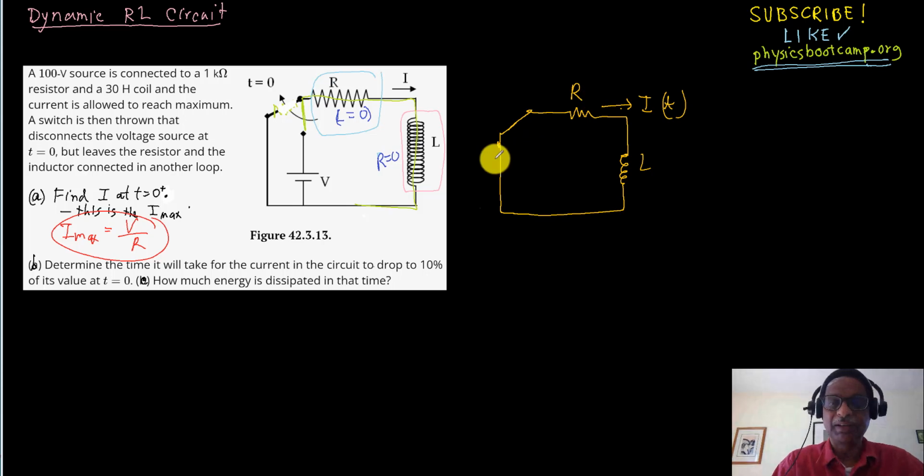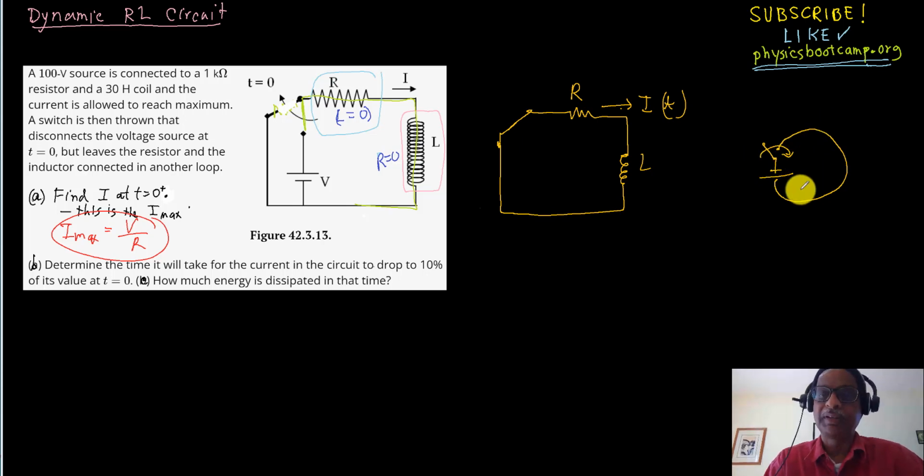So basically what happened is I had a circuit and it was connected for a long time, and then I have a way to skip this.